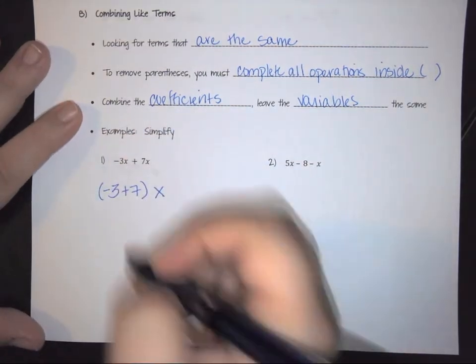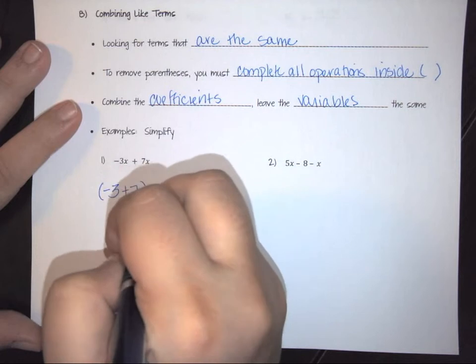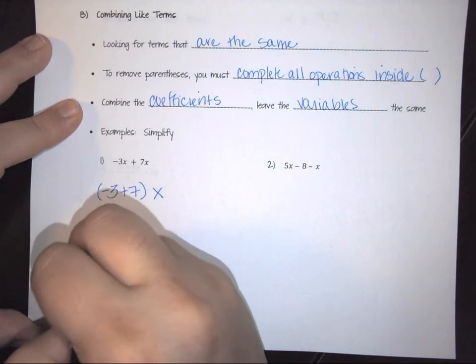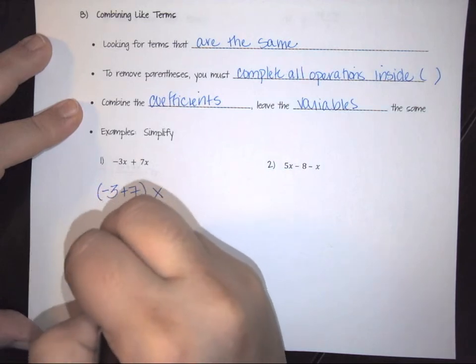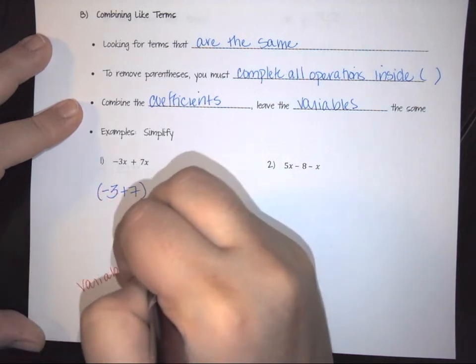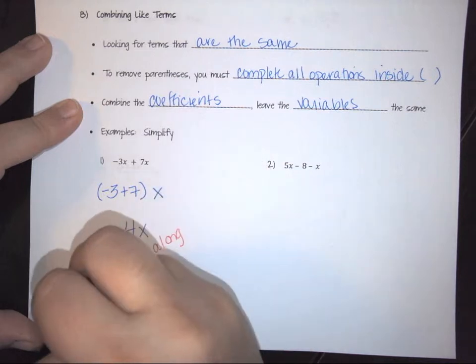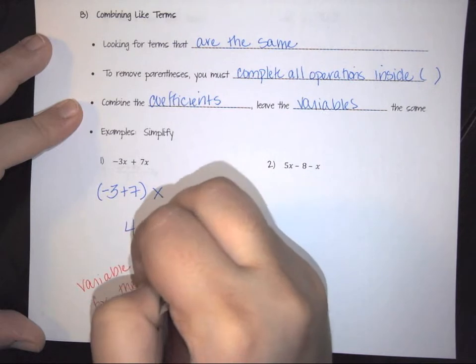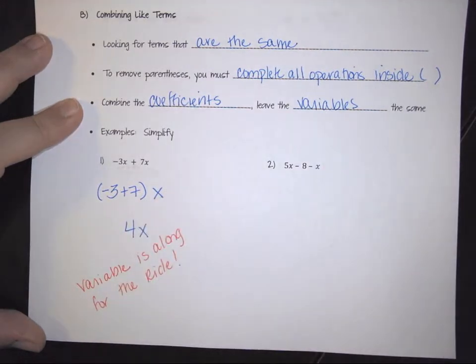Negative 3 plus 7 is a 4, and I'm going to keep the variable the same. So essentially what you need to remember is that the variable is along for the ride. Okay, it stays the same.